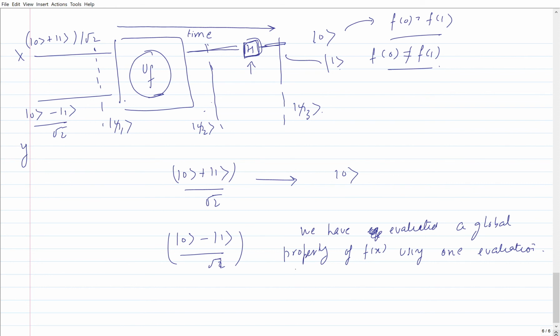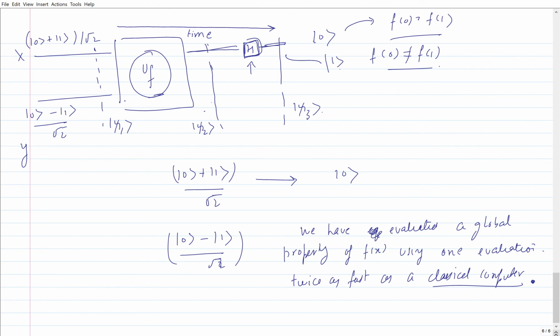Well, this is in some sense twice as fast as a classical computer, right? So essentially, that's the idea. So in some sense you can argue that comparing a classical query to a quantum query are apples and oranges, that point is well taken.